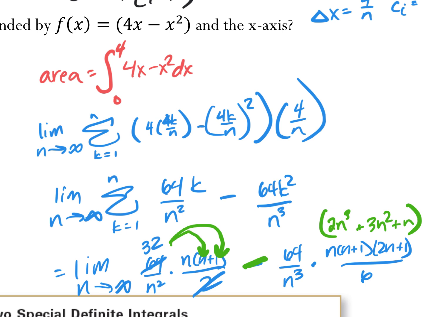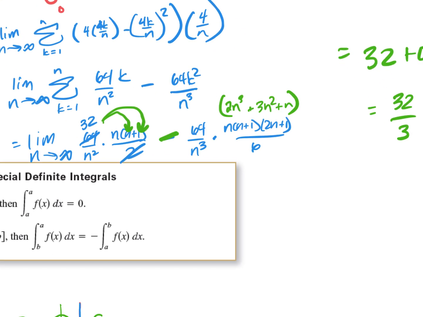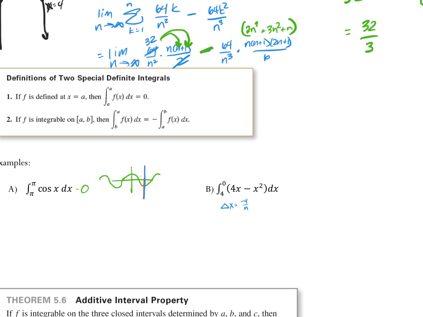The only thing that changes is everything in the summation becomes negative, because the delta x becomes negative. So what is this answer? Negative 32 over 3. If you know from 0 to 4, then 4 to 0 would be the negative of that.